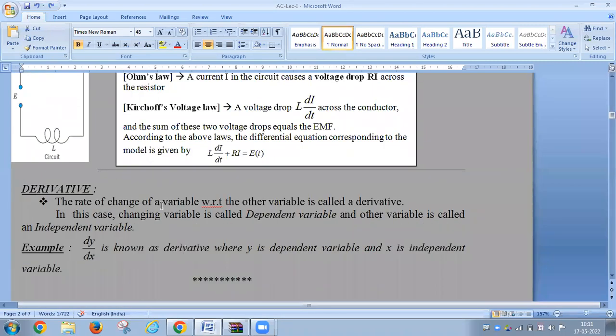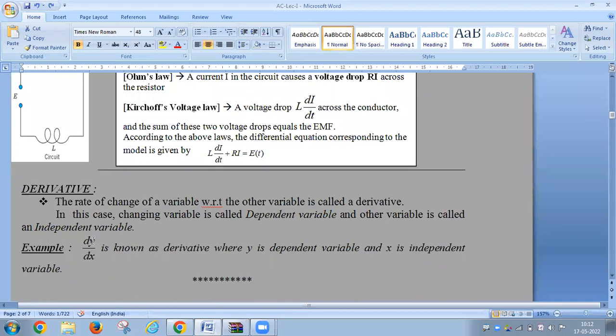These type of differential equations arise when there is a rate of change of one quantity with respect to another quantity. What is the derivative? The rate of change of one quantity with respect to another quantity. The changing variable is called the dependent variable, and the other variable is called the independent variable. For example, in dy by dx, this is the rate of change of y with respect to x.